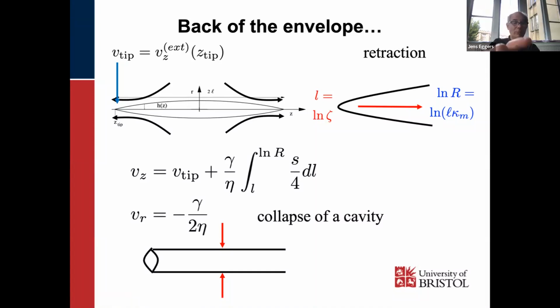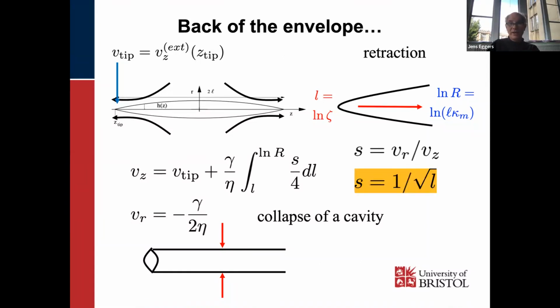The radial component of the velocity I can get through an analogy with a radially symmetric collapsing cavity, and that's a relatively simple problem to do in Stokes flow, and I find that the radial component of the velocity is a constant, and that's given by the capillary speed, which is the surface tension divided by the viscosity.